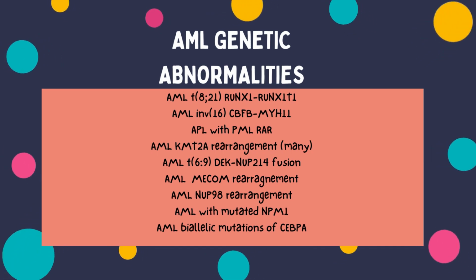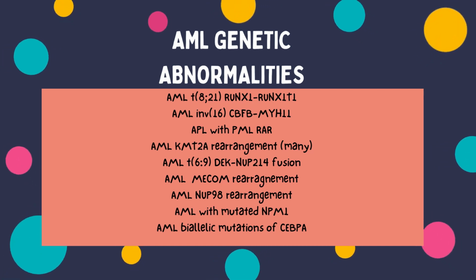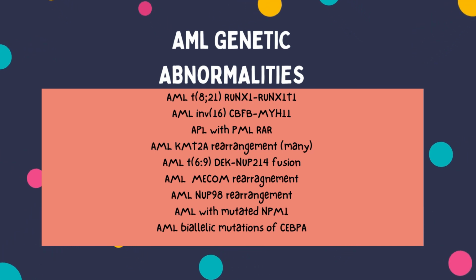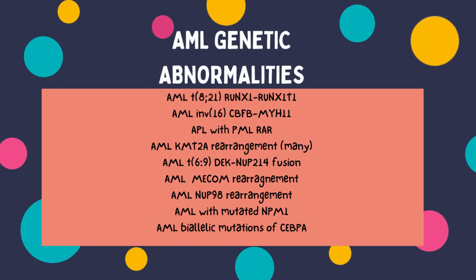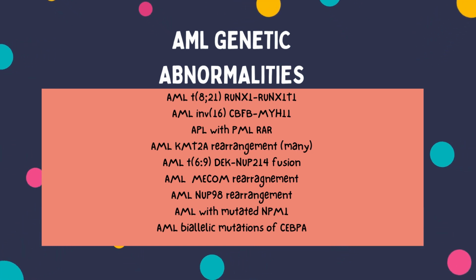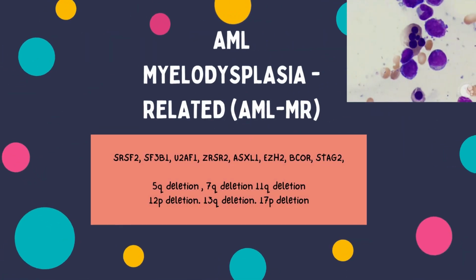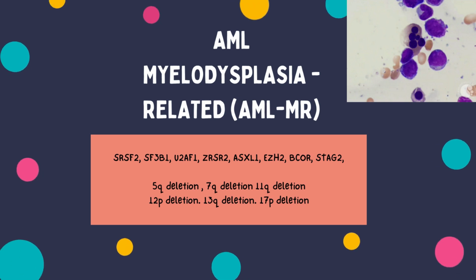The WHO criteria also eliminated the 20% blast requirement for AML if you have defining genetic abnormalities, such as AML with 8;21 translocation, RUNX1::RUNX1T1, AML with inversion 16, so they're both core binding factor leukemias, APML, AML with KMT2A rearrangement, 6;9 DEK::NUP214 fusion genes, MECOM rearrangement, NUP98 rearrangement, and AML with mutated NPM1 or biallelic mutations of CEBPA.